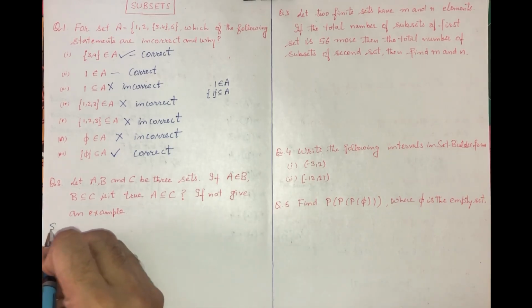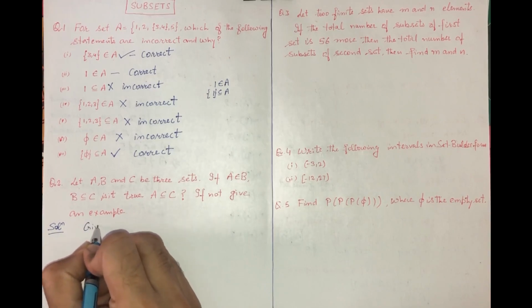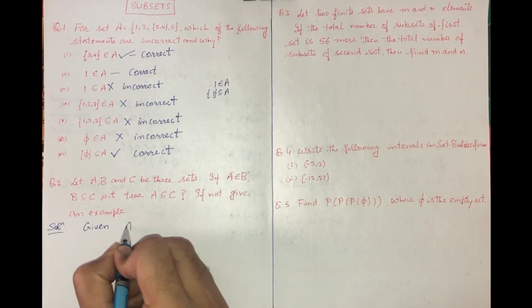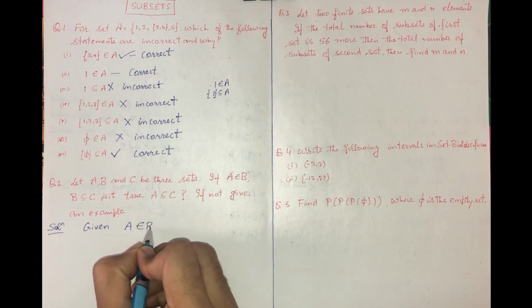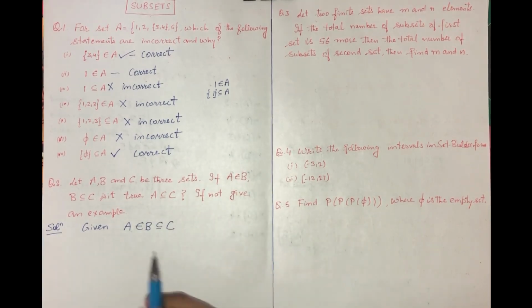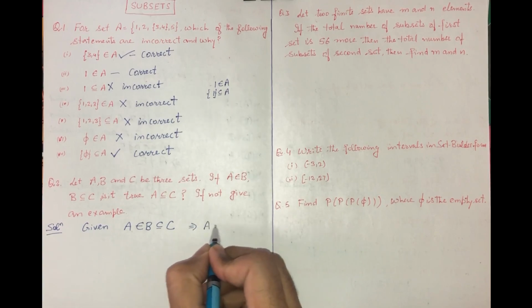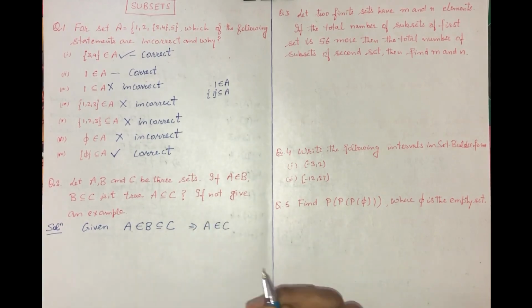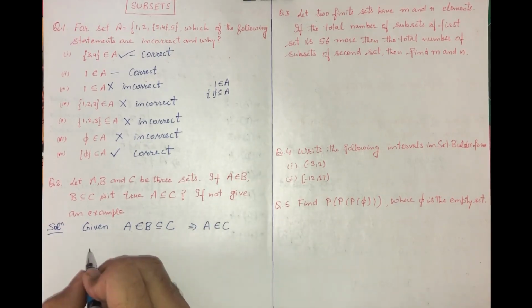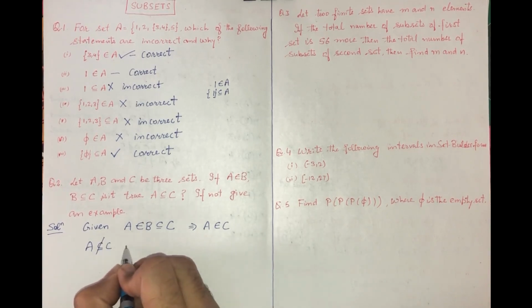The solution for this, given A belongs to B and B is contained in C. Now here we can easily guess that this implies that A also belongs to C. So that means A contained in C is incorrect.